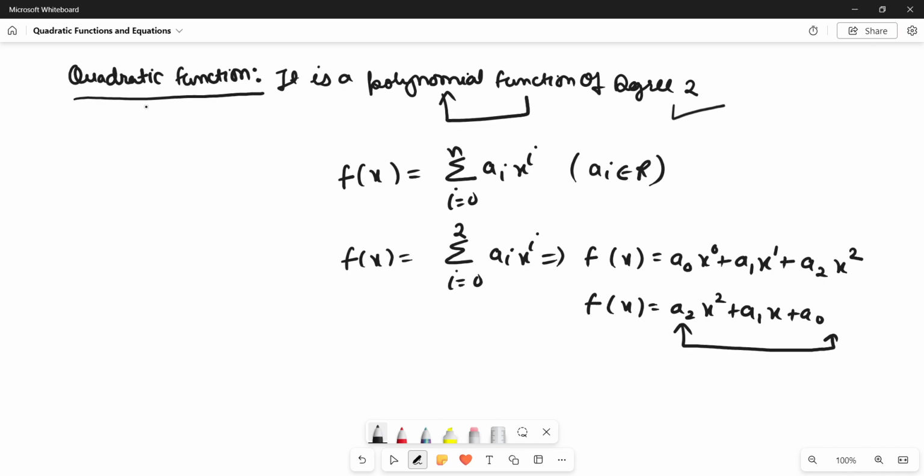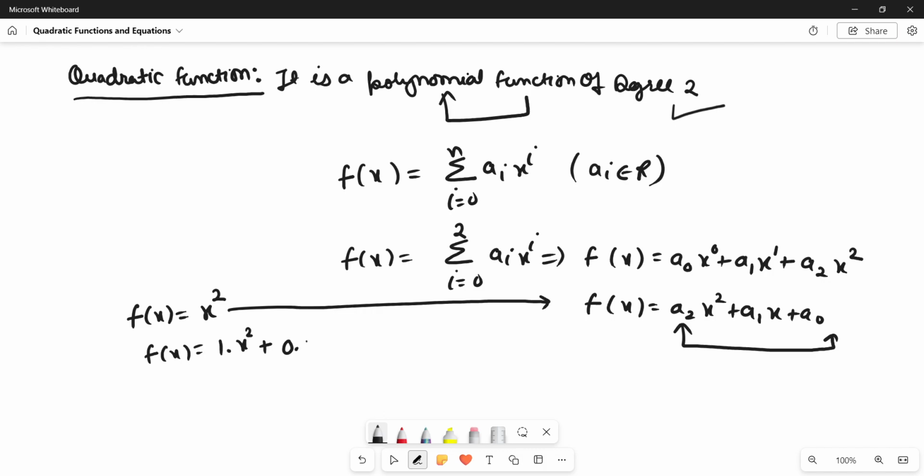Now let's take a very basic quadratic function. f of x is equal to x square. It is also following this. Let me tell you how. f of x is equal to 1 into x square, we can write it as plus 0 into x raised to power 1 plus 0 into x raised to power 0.